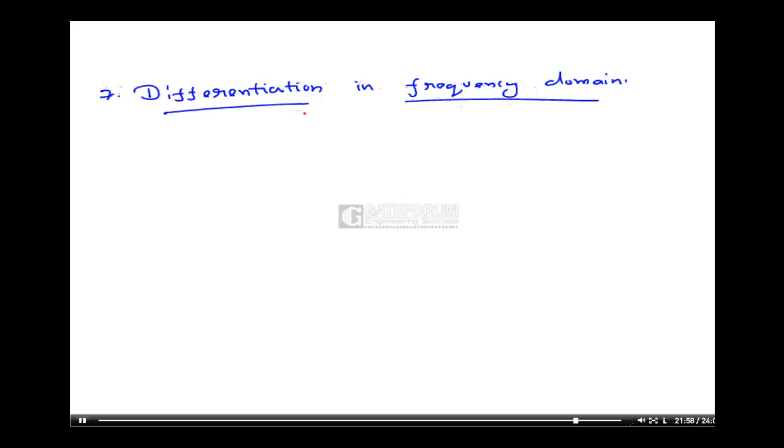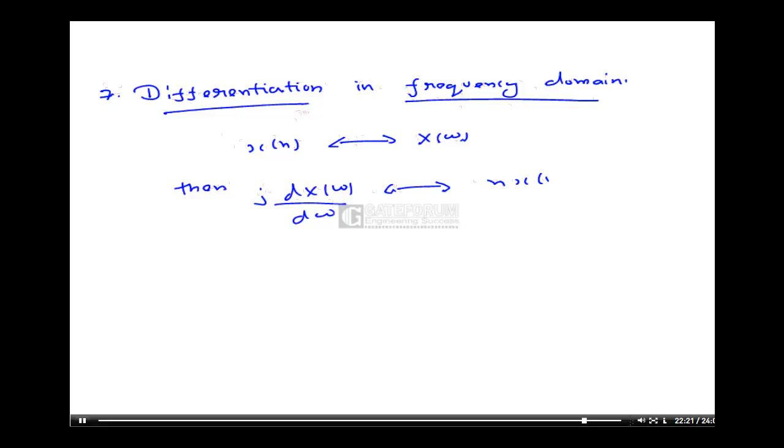We cannot differentiate in time because time is discretized, okay, but we can differentiate in frequency domain because frequency is continuous for discrete time non-periodic signals. So if I have x[n] having Fourier transform of X of omega, then j times d of X of omega by d omega gives me n x[n]. Okay, so multiplication of n in x[n] will take place if I differentiate the frequency domain expression.